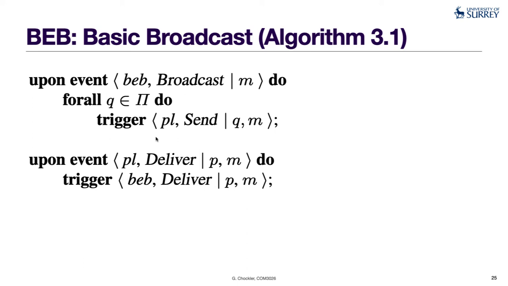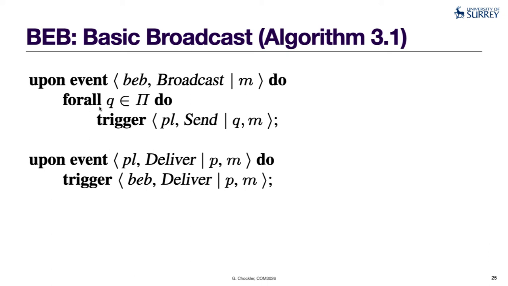In slightly more detail, whenever we get a request to broadcast a message from the upper layer or from the application, we just delegate it directly to the perfect point-to-point links that we have available for all the processes in the system. The set capital Pi here represents the set of all processes in the system, which we have assumed is known to everyone.